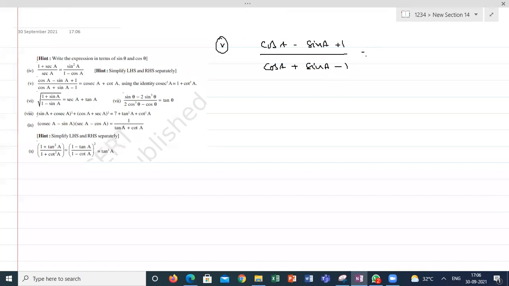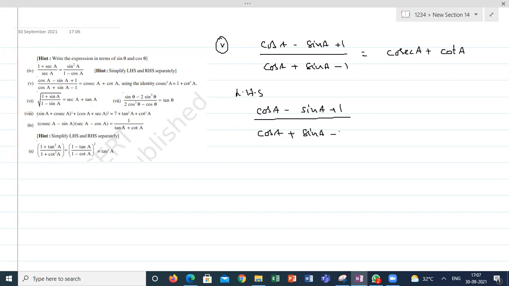He is asking us to prove this will be equal to cosecant A plus cot A. The LHS is given completely in cos and sin, and the RHS is completely in cosec and cot. First I am taking LHS. My LHS is (cos A minus sin A plus 1) divided by (cos A plus sin A minus 1).